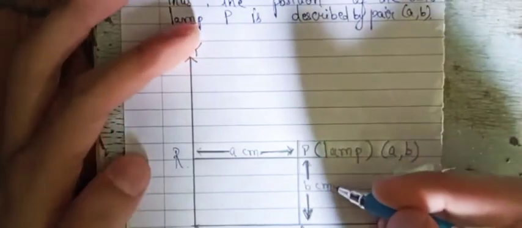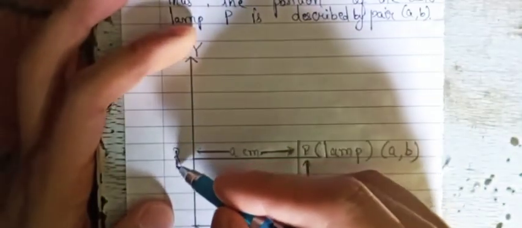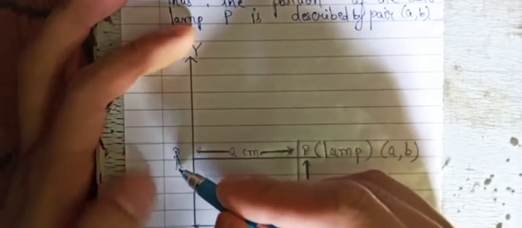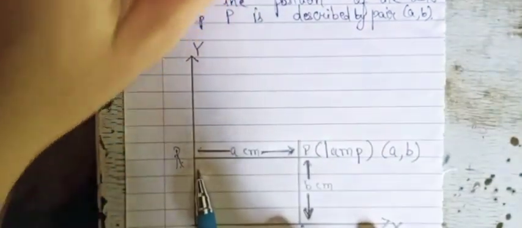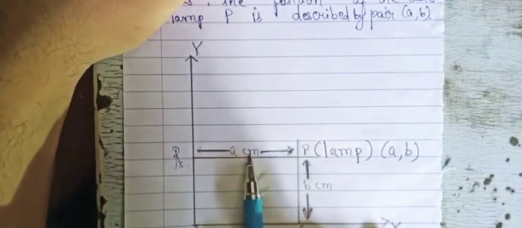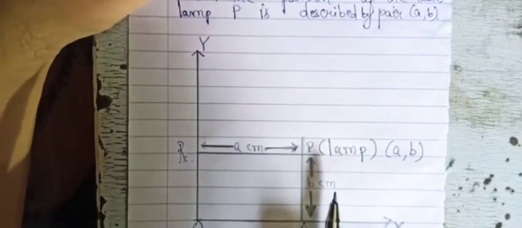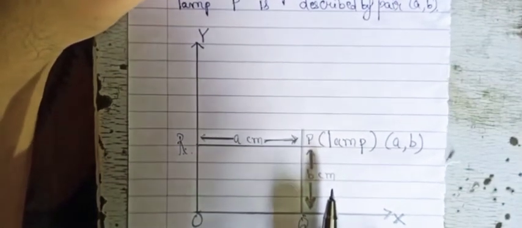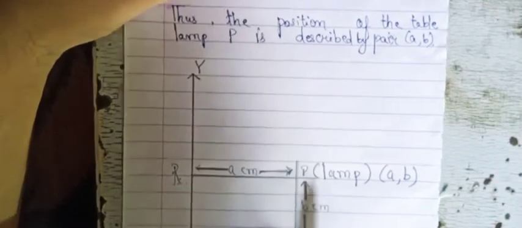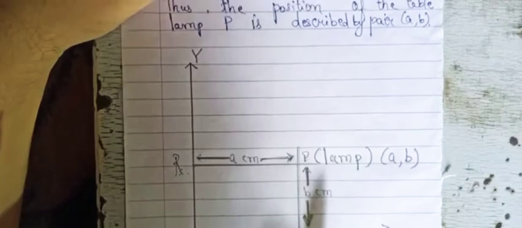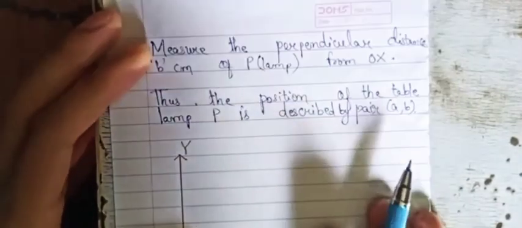And suppose your friend, denoted by the point R, is sitting there. So their distance from the lamp is a centimeter. In this way we can specify anything in the two-dimensional space in a Cartesian plane, and we will obtain the distance of that particular point from the two axes, x and y. I hope this concept is clear.